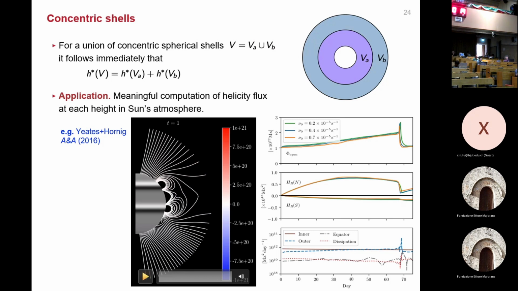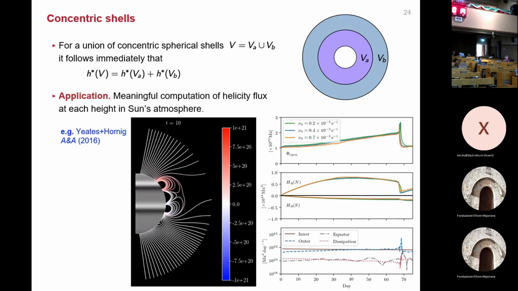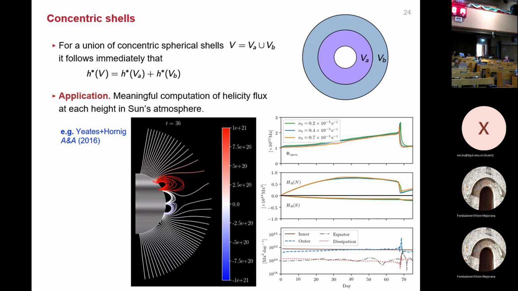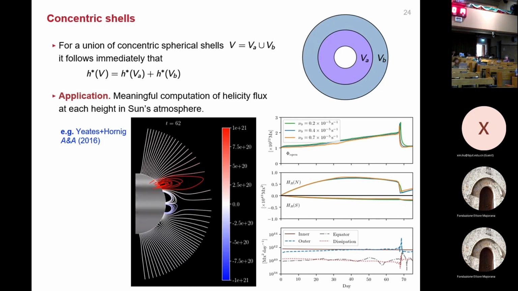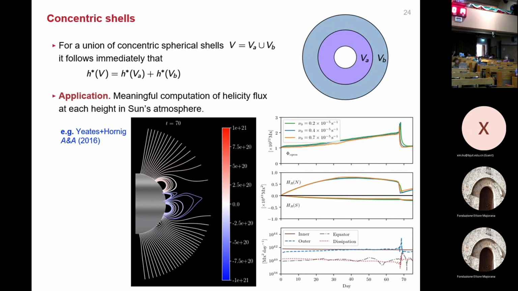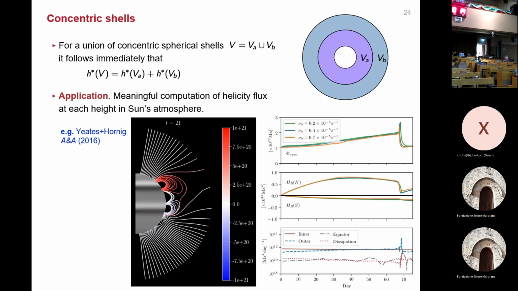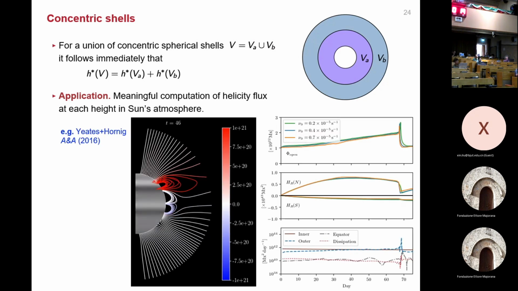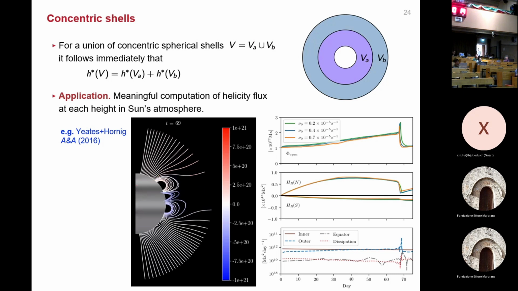I play it again here. The field lines are colored by their helicity density, the integral of A dot B along that particular field line. It's a bit quick here, but you see that the helicity is being injected.